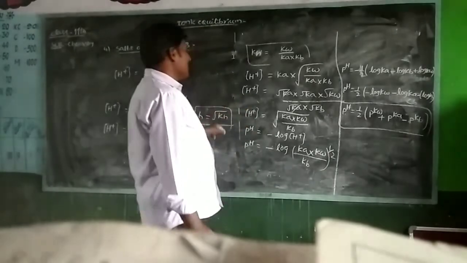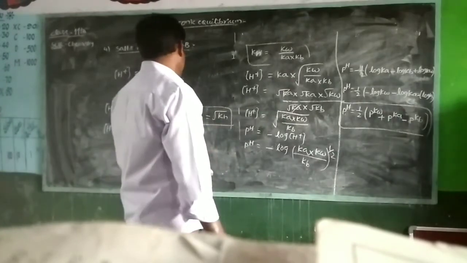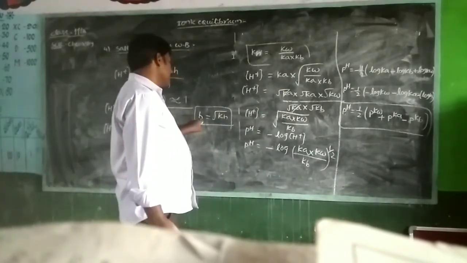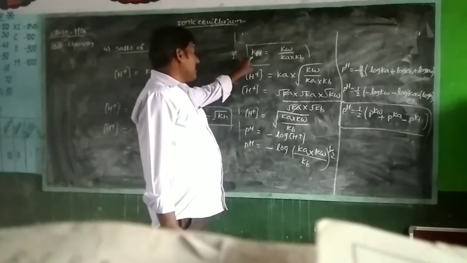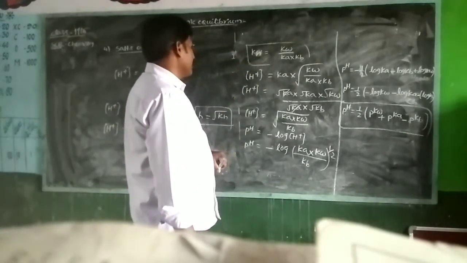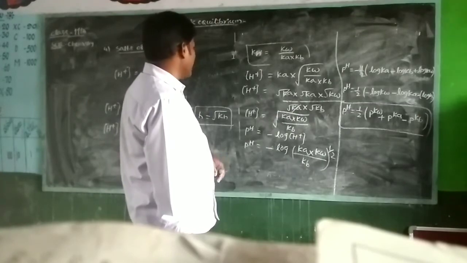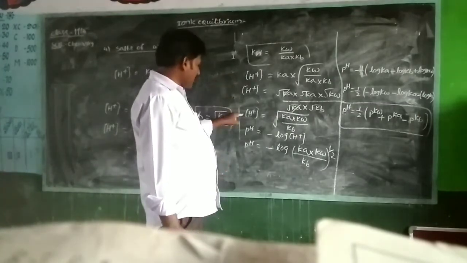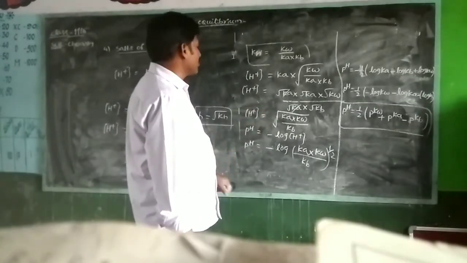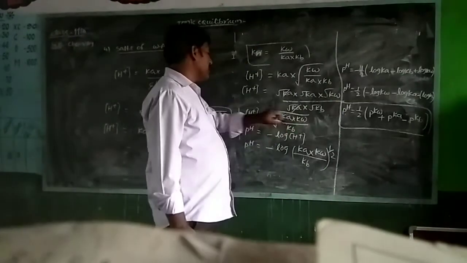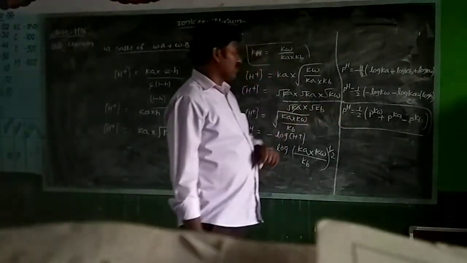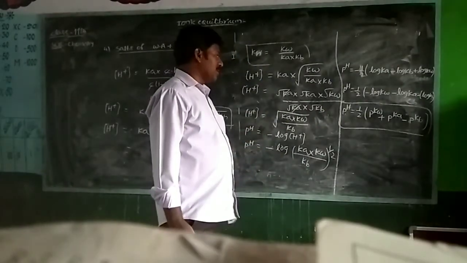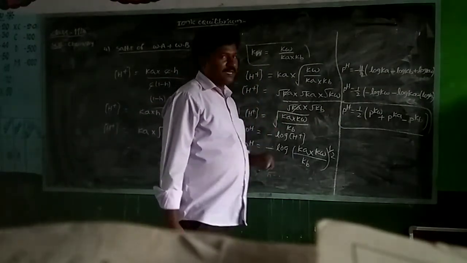In these salts, the main concept is that h, the degree of hydrolysis, is root Kh, and the hydrolysis constant is Kw by Ka into Kb. H plus concentration is root of Ka into Kw by Kb. Finally, pH is equal to half of pKw plus pKa minus pKb.